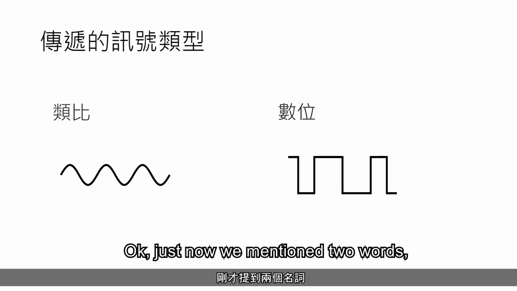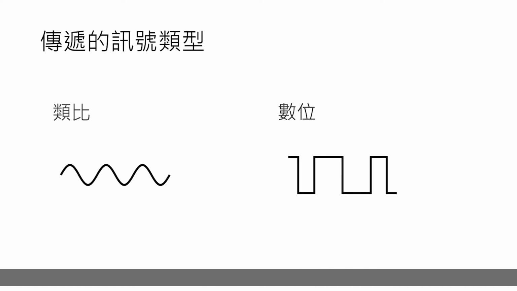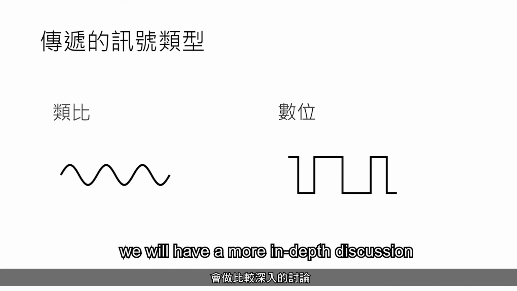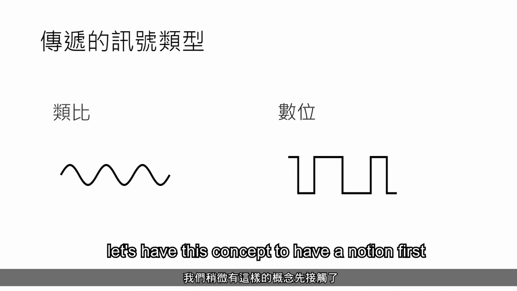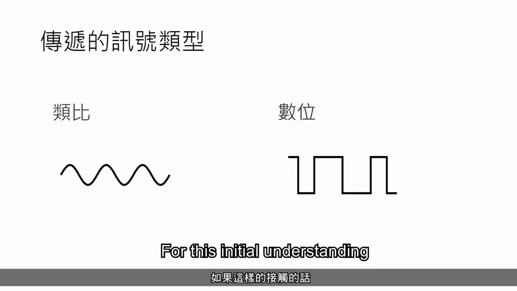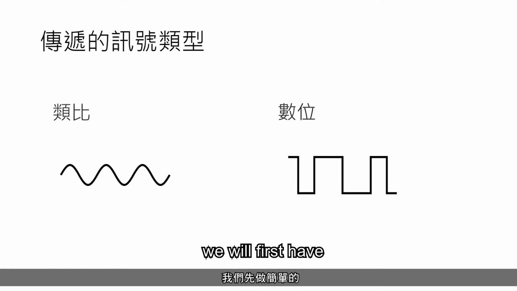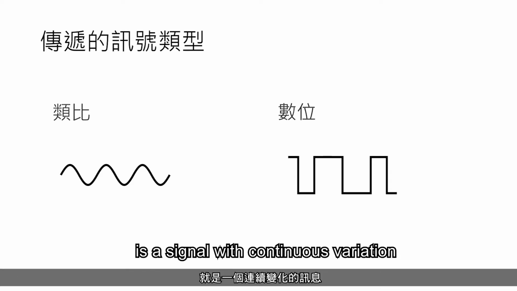Okay, just now we mentioned two words. One is analog, one is digital. In our following classes, we will have a more in-depth discussion. But for the beginning, let's have this concept. We have a notion first. For this initial understanding, we will first have a basic explanation. Analog is a signal with continuous variation.